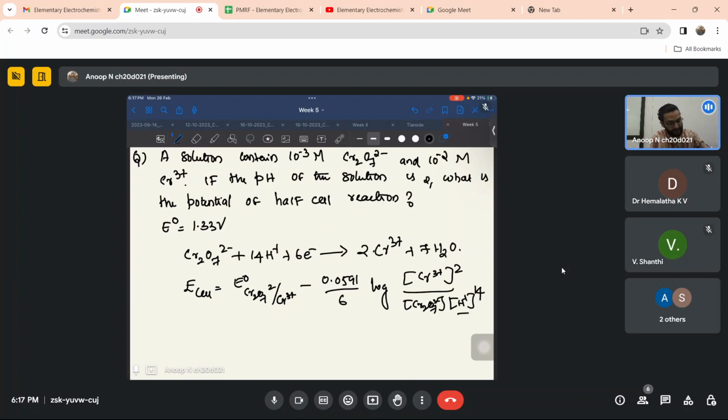So how can we get the concentration of H plus? We have pH is equal to minus log of H plus concentration. pH is given, so 2 is equal to minus log of concentration of H plus. So the H plus concentration will be 10 raised to minus 2. Now we can substitute here.